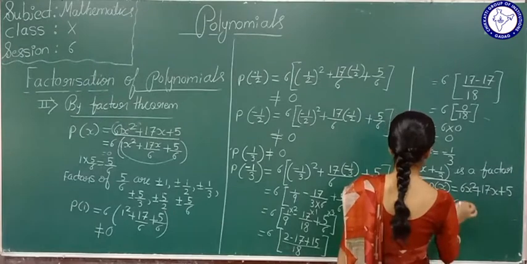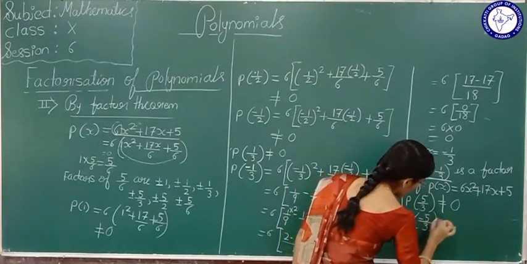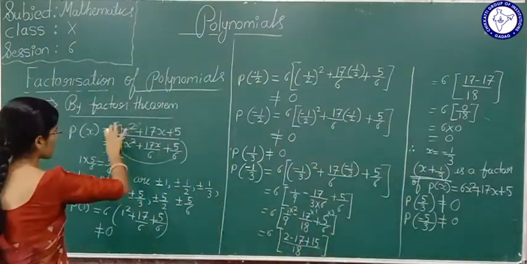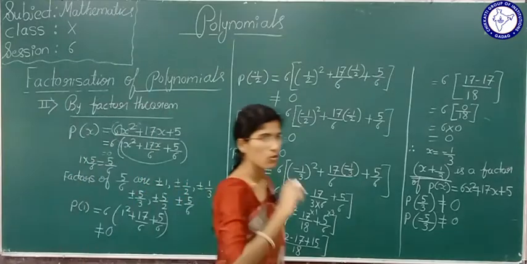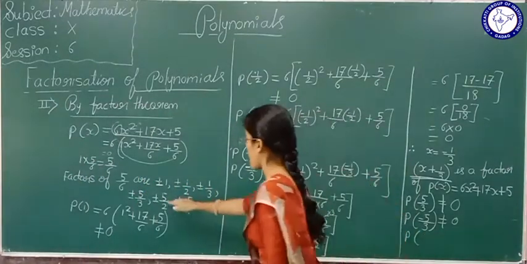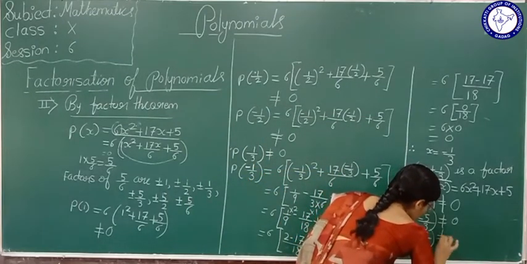Check for p of minus 5 by 3. This also won't be equal to 0. So go for p of 5 by 2. If you put p of 5 by 2, that is also not equal to 0.